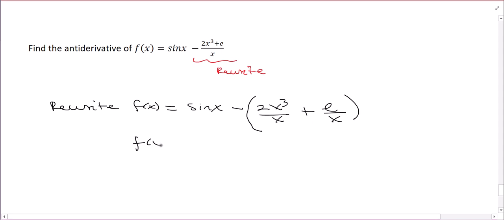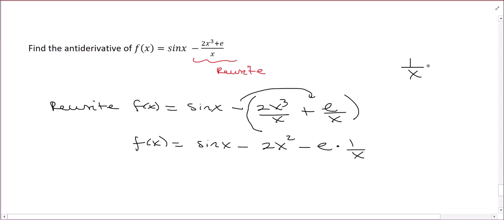And I'm still rewriting, so this will be sine x minus 2x squared, and now we don't want to forget to distribute that negative, minus e, and I'm going to write that times 1 over x. Now here, remember, I don't want to do e times x to the minus 1, because as soon as I see 1 over x, we should recognize that the antiderivative of that is ln of absolute value of x.